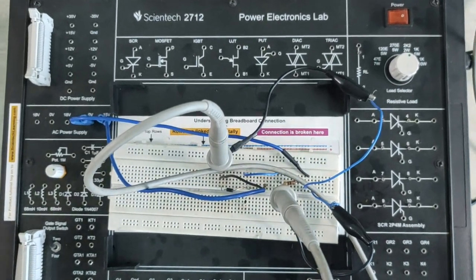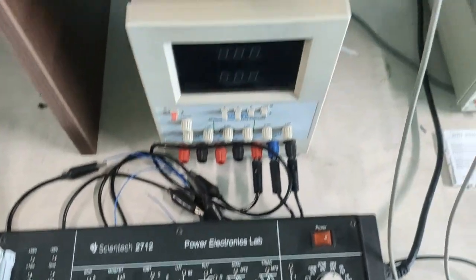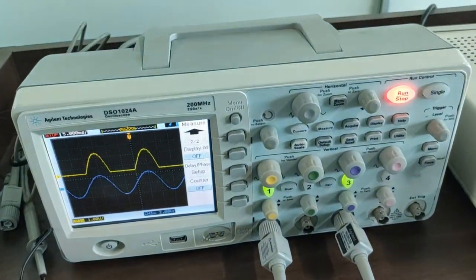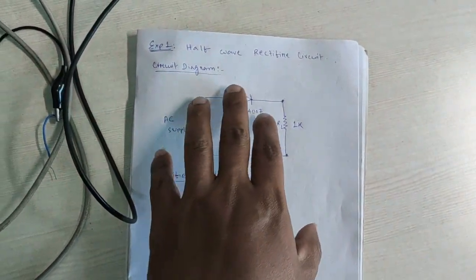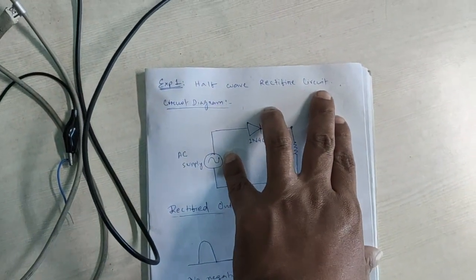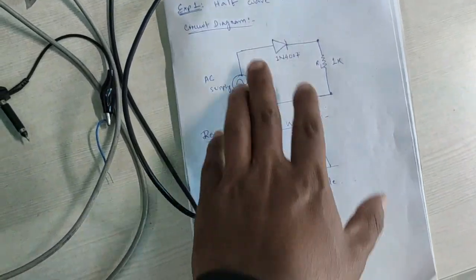So before using those power devices, we will see the half wave rectification circuit using a PN junction diode. So the aim is half wave rectifier circuit using PN junction diode.